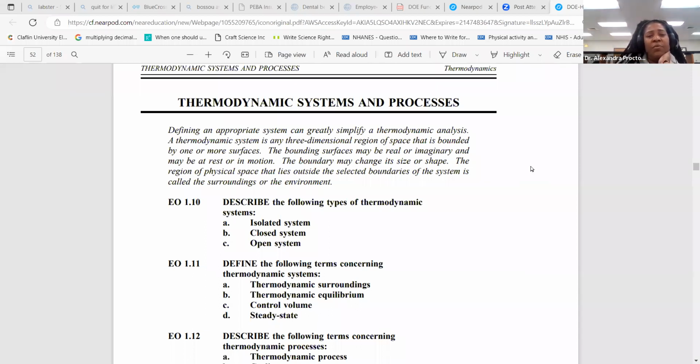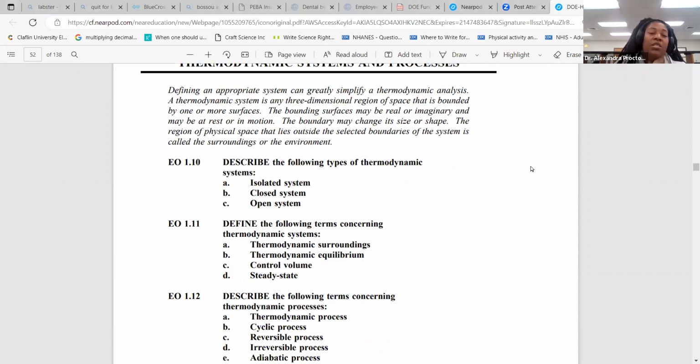So the next thing we're going to talk about are thermodynamic systems and processes. Remember earlier we said that work is a process. It's not a property, it is a process. And so we're going to describe the different types of thermodynamic systems. So what's an isolated system? What's a closed system? What's an open system?